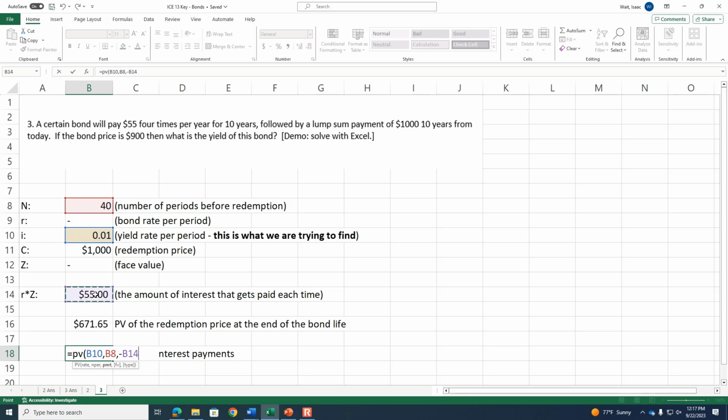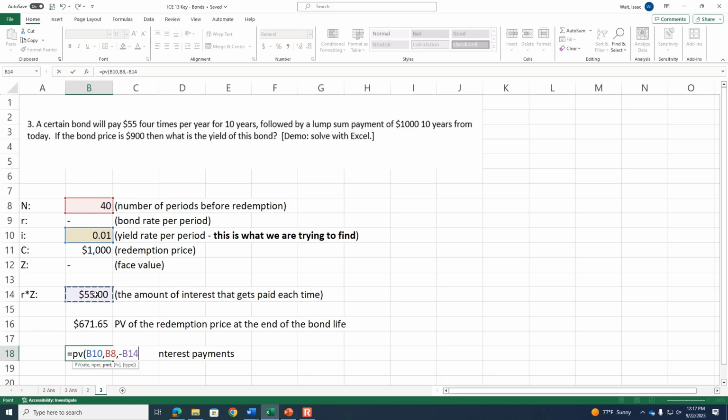How much is that worth as a lump sum today at 1%? So really what we're trying to find out is not how much is it worth at 1%. What we're really trying to find out is at I equals what is P equal to 900.